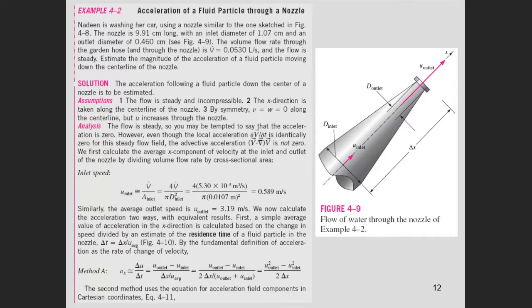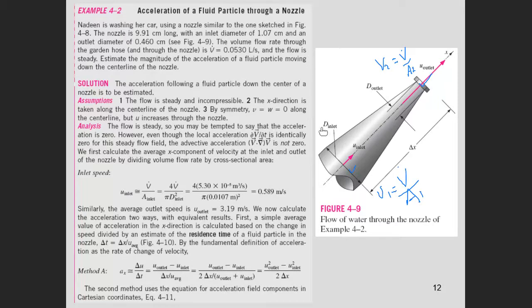If you look at it carefully, he gave us the volume flow rate and the diameter here and the diameter here. So we can easily get V1, which is equal to V dot over A1, right guys? Similarly, V2 is equal to V dot over A2.